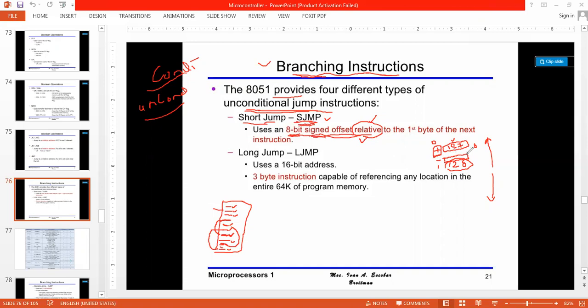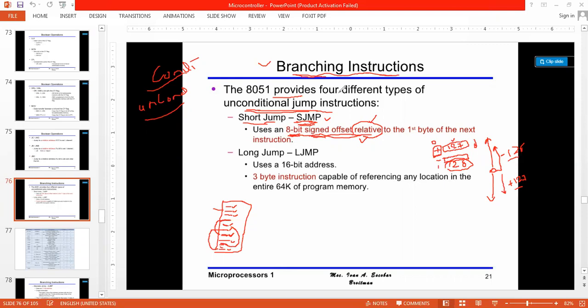So if the ALU is standing at 0, it can jump backward up to minus 128 addresses, or it can jump forward up to plus 127 addresses. Anywhere between 0 to 127 addresses, anywhere between 0 to minus 128 addresses.